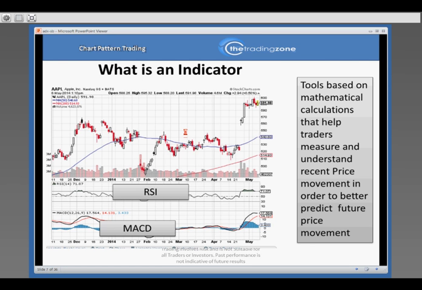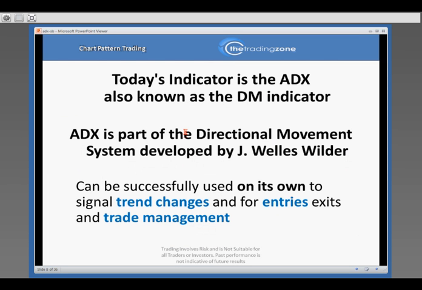So we have to also be very aware and conscious of the fact that indicators are not holy grails. They are tools that help us dissect the market. We are analyzing what's going on, and that's why we call it technical analysis, right? So they are by no means holy grails that never fail. We have to understand that before we get into this type of trading that relies on indicators.